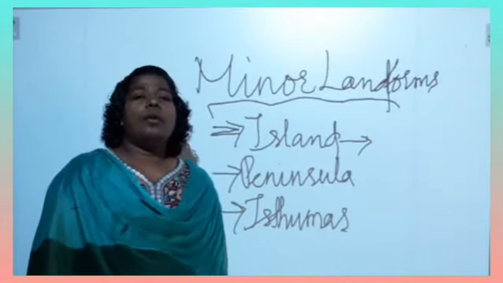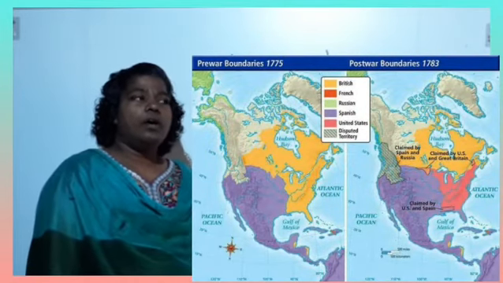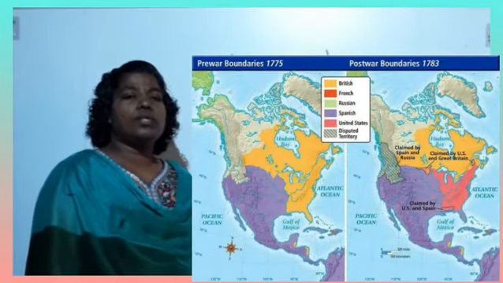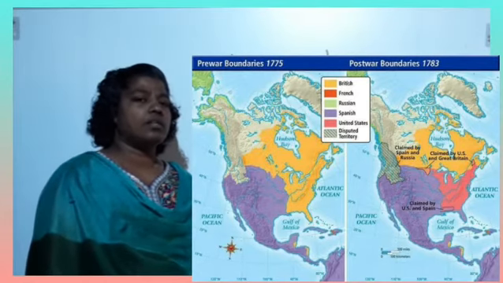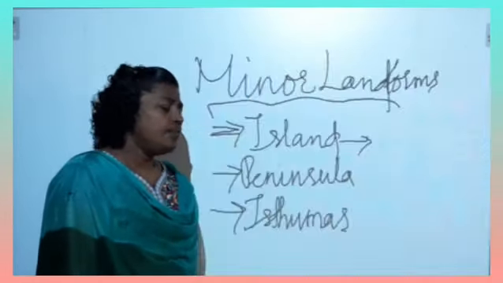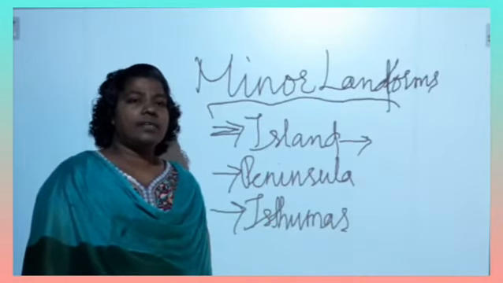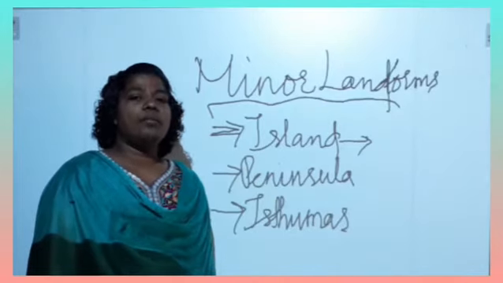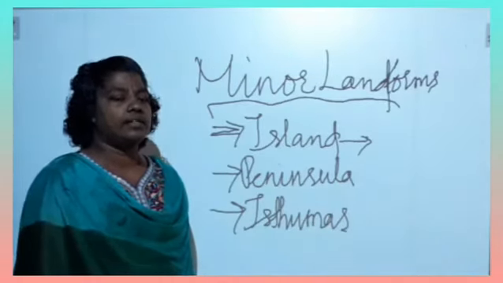And the other thing is isthmus. An isthmus is a long narrow strip of land with water on two sides that connects two large landmasses.